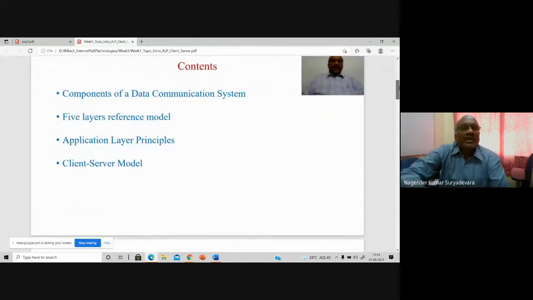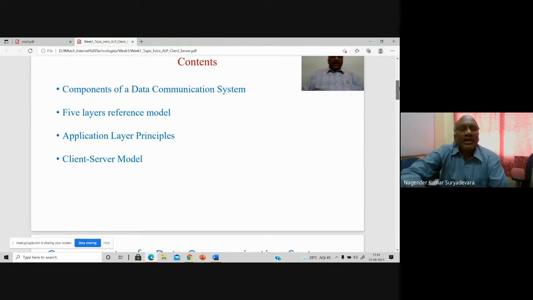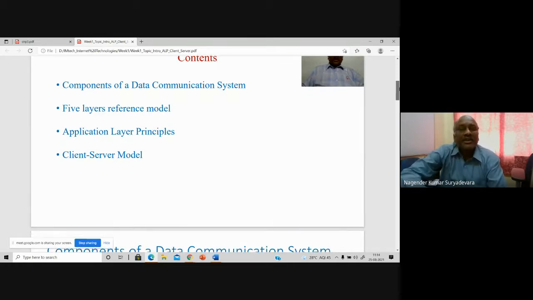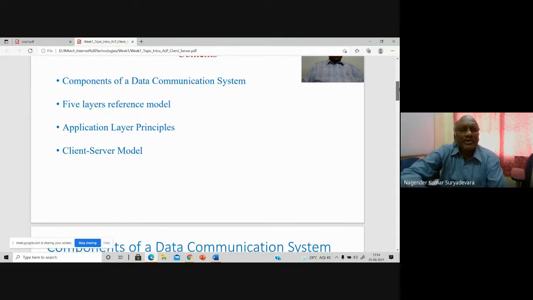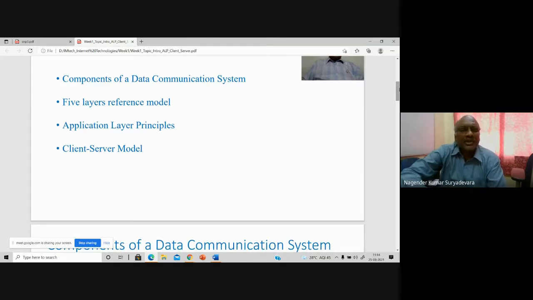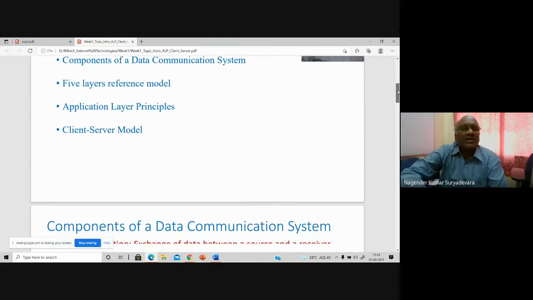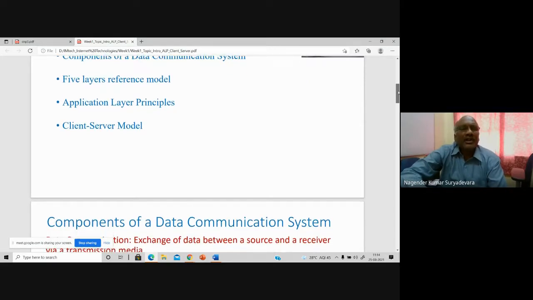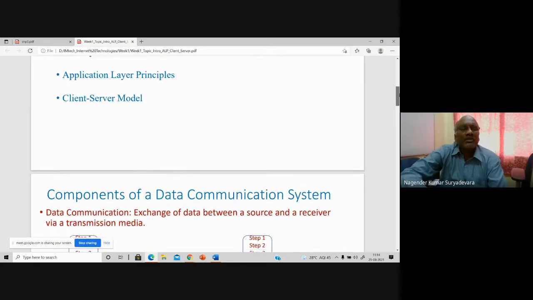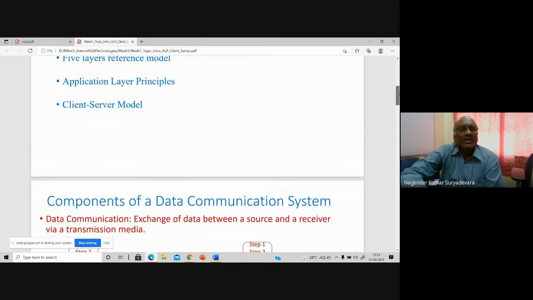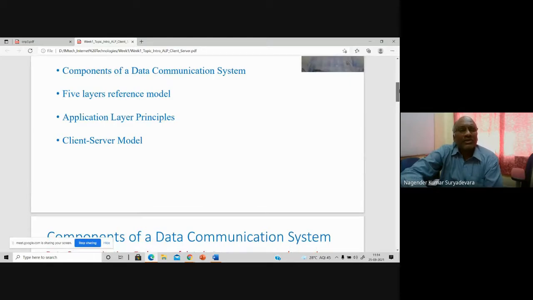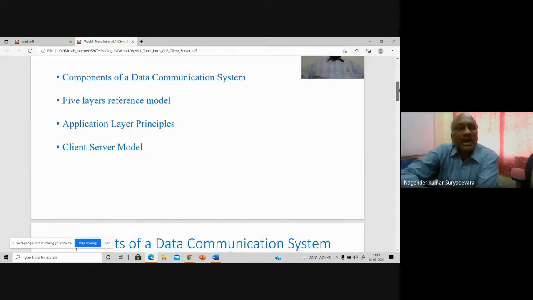This session is basically for you to understand a data communication system, and what components it usually has. Please remember this in general. You will also come across the important reference strategies followed by computer networks across the internet: the 5 layers reference model, which is a subset of the ISO OSI 7 layers reference model.